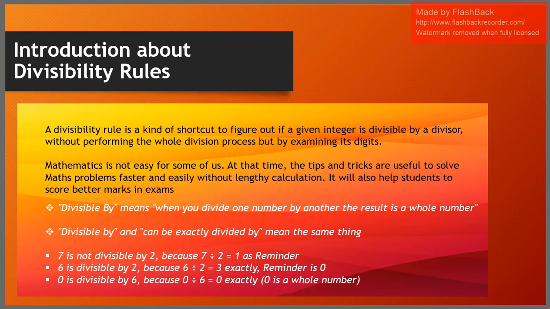Remainder is 0. 0 is divisible by 6 because 0 divided by 6 is equal to 0 exactly. 0 is a whole number.